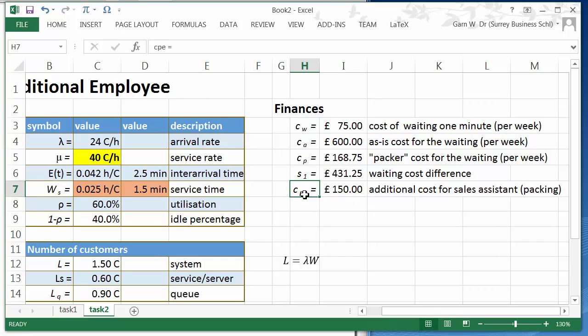So how much do we really have as effective savings? That's the 431 minus the 150 pounds, so 281 pounds savings. So let me call that P1 equals 281.25.